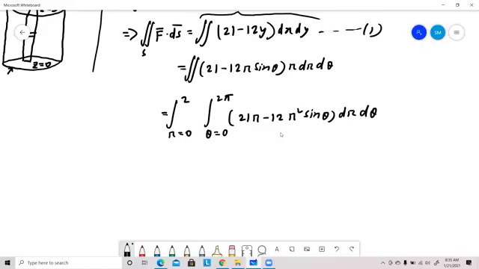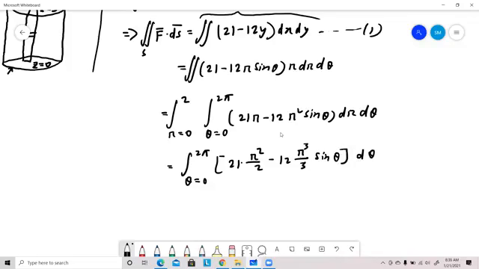Now if we do integration with respect to r, then it will be theta from 0 to twice pi and 21 r square by 2 minus 12 r cube by 3 sine theta into d theta, and the range for r is 0 to 2.